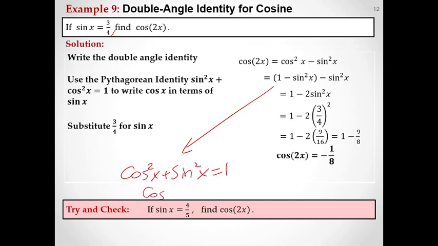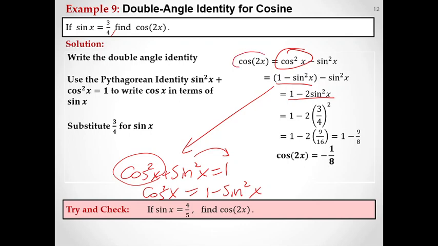First it says cosine squared x is equal to 1 minus sine squared x. And I can write it in terms of sine squared x, and it will give you 1 minus 2 sine squared x. So here he writes cosine 2x in terms of sine x only.